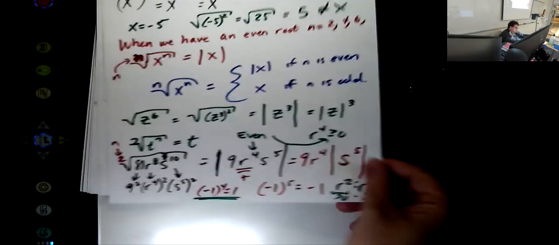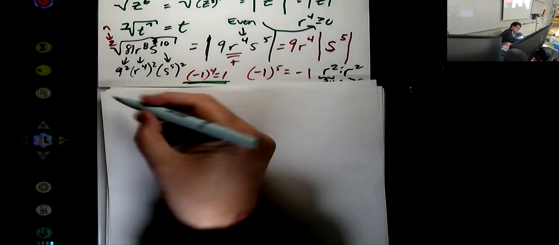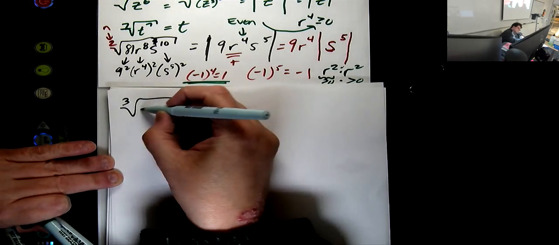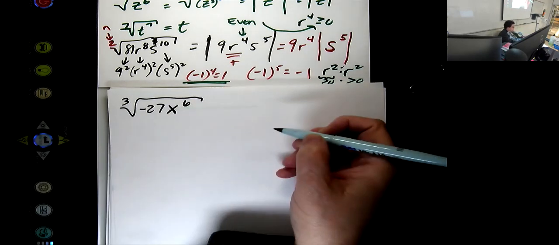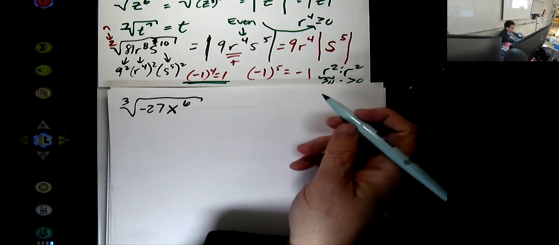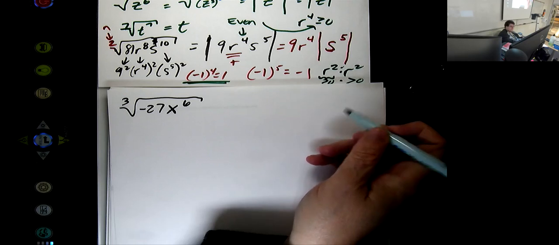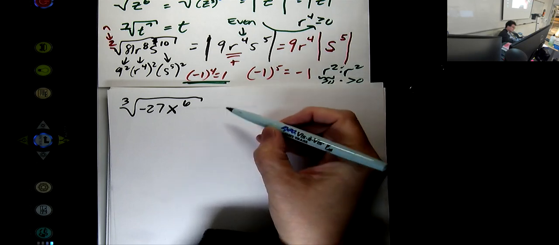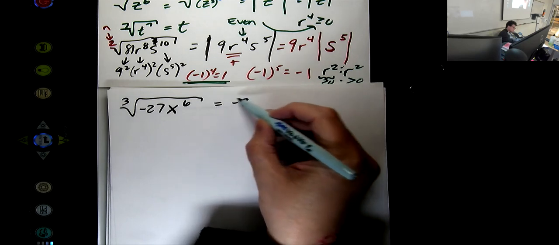So let's look at one with the cube root. Negative 27 is negative 3 cubed.